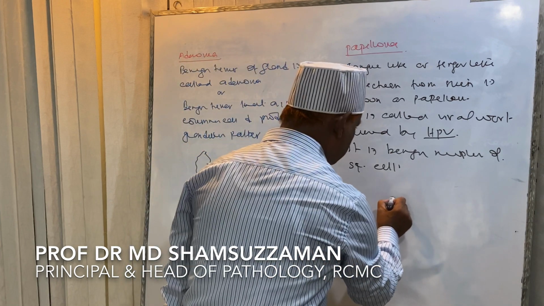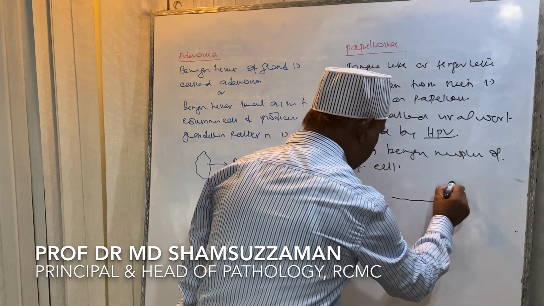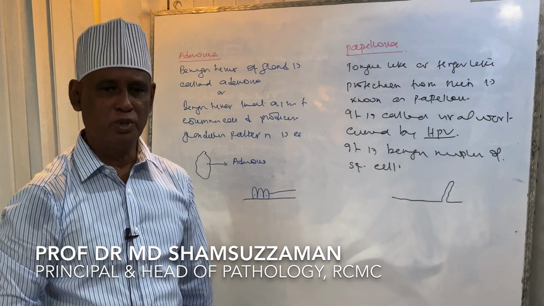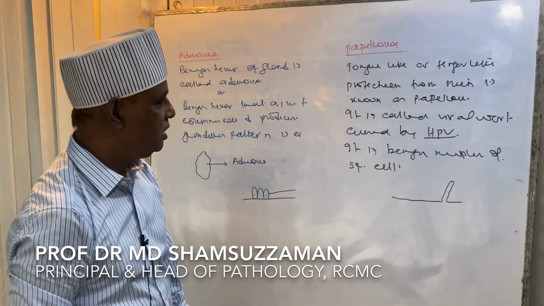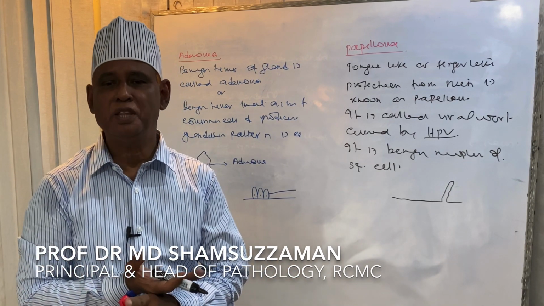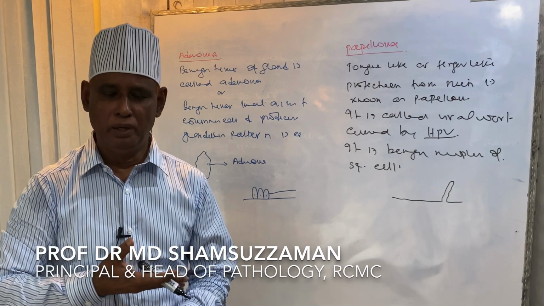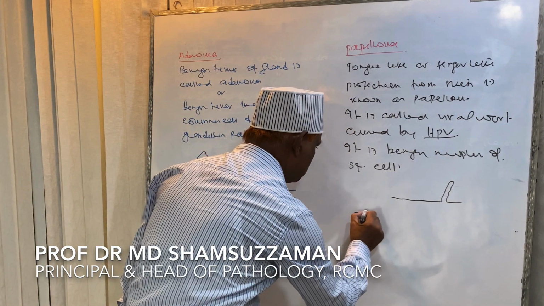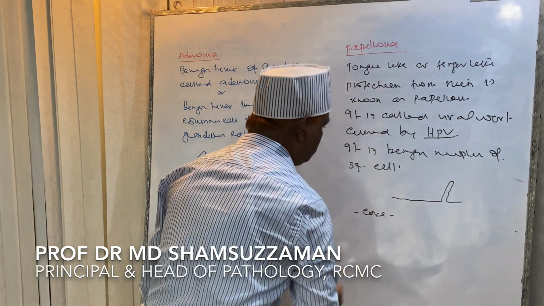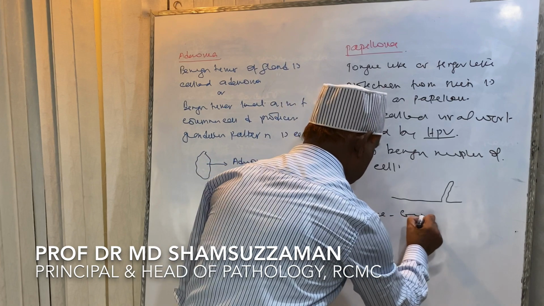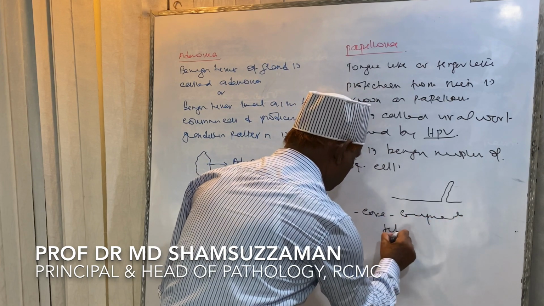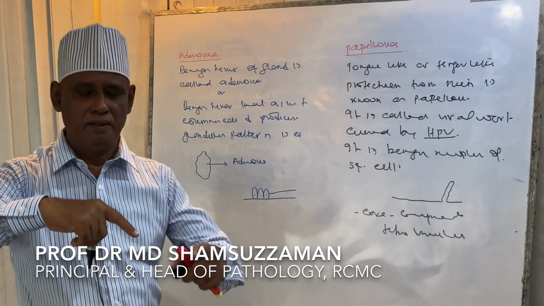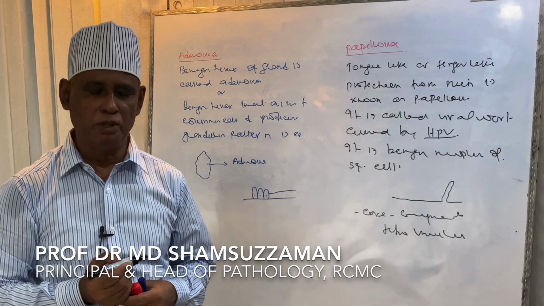Dear audience, if this is skin and this is the viral wart, the tongue-like or finger-like projection from the skin, it is the papilloma. If we cut the papilloma cross-sectionally or in longitudinal section, what may be the structure? It has a core composed of fibrovascular tissue, and the core is lined by stratified squamous epithelium.